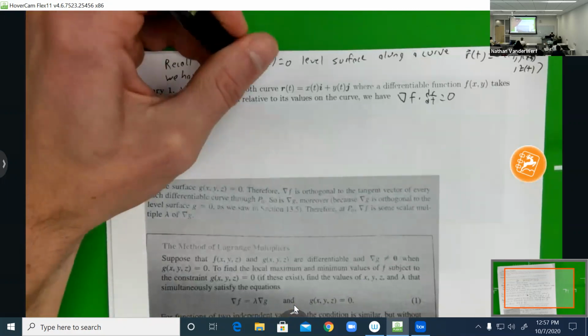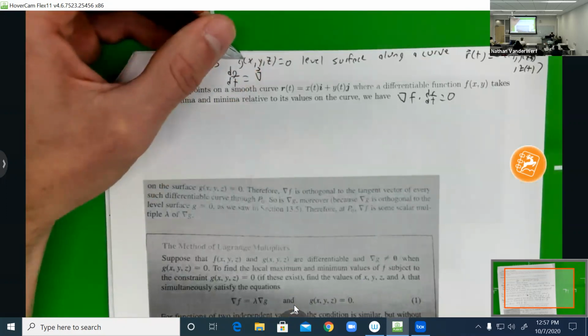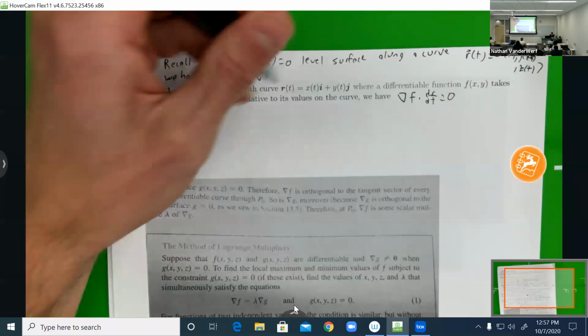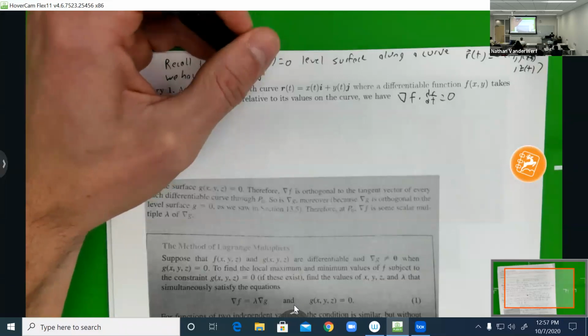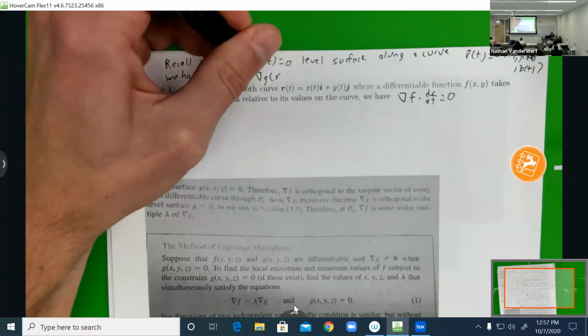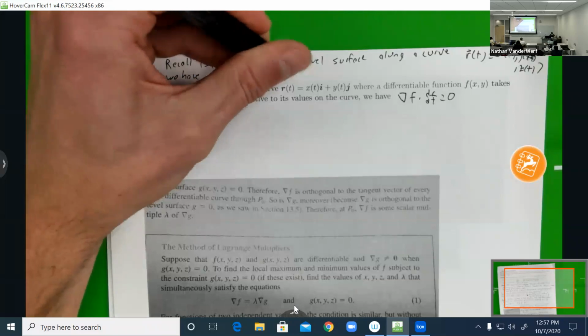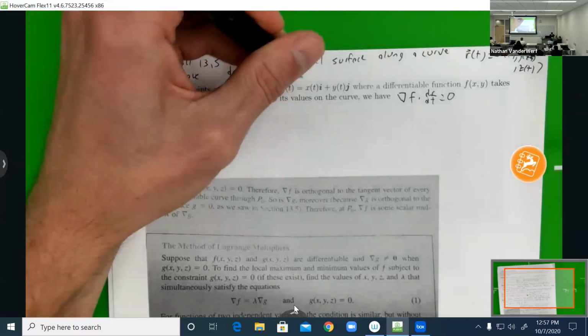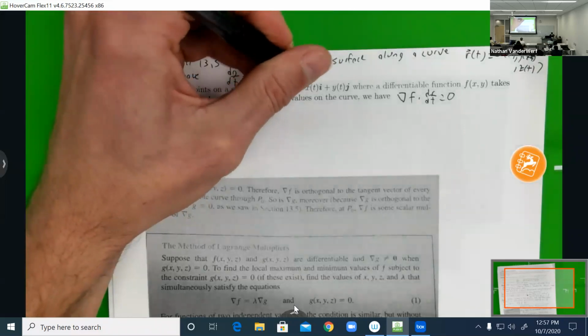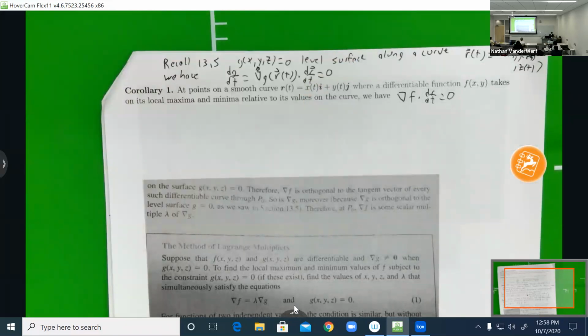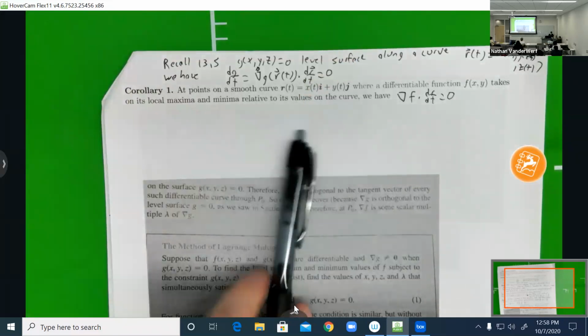Because g is 0, we automatically know that the gradient of g at r of t dotted with dr over dt is also equal to 0. So on a level surface, this is always true.